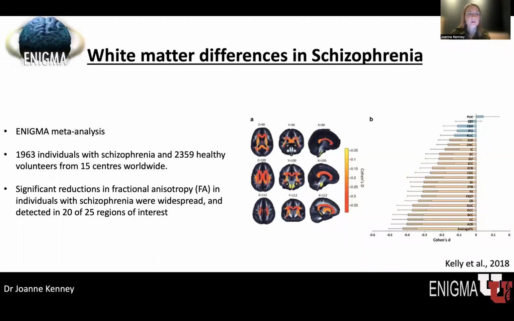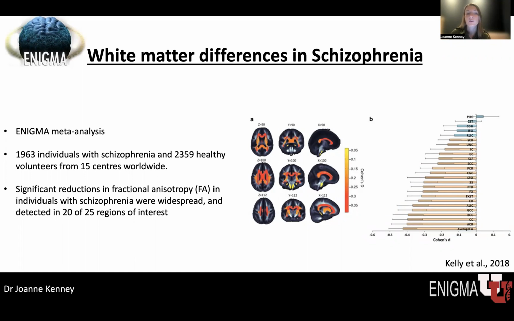Another study from the ENIGMA consortium, by Kelly et al., looked specifically at white matter differences in schizophrenia. They looked at 1,900 individuals with schizophrenia and 2,300 healthy controls from 15 centers worldwide. They found significant reductions in fractional anisotropy.